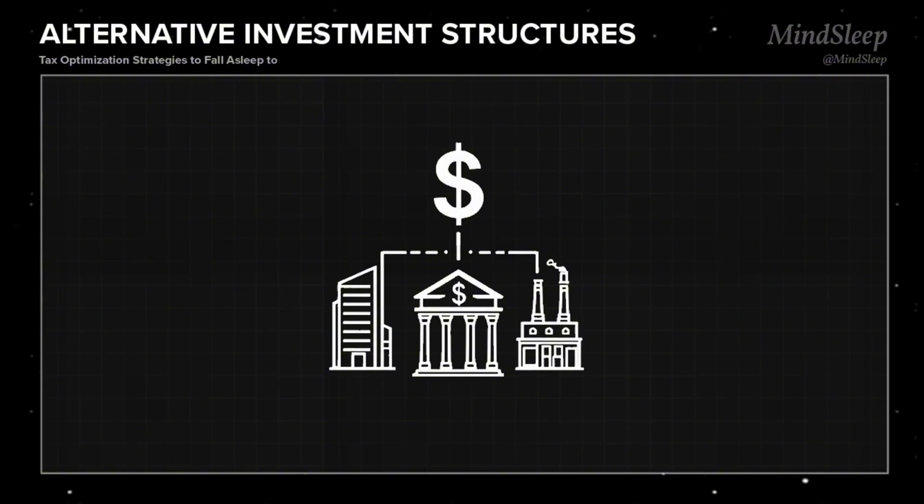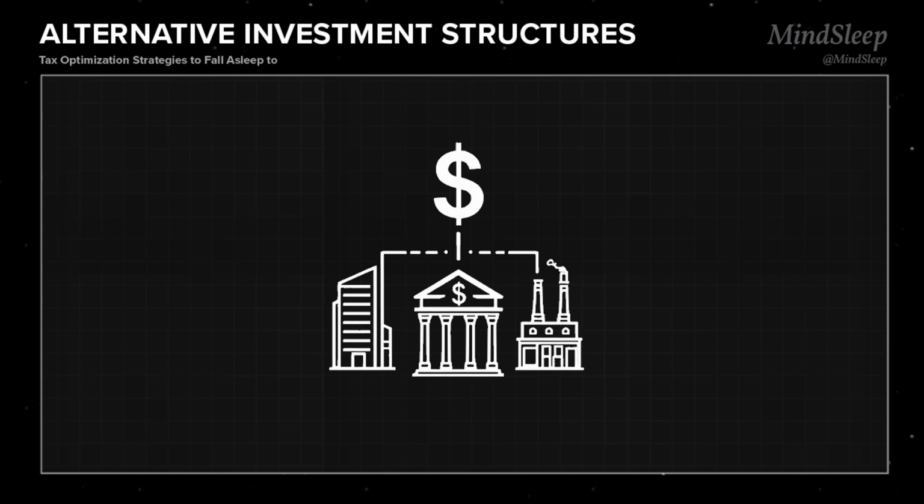At its core, alternative investments encompass a wide range of assets that fall outside the traditional categories of stocks, bonds, and cash. These can include private equity, hedge funds, real estate investment trusts, REITs, commodities, and even more exotic options like art or cryptocurrency.